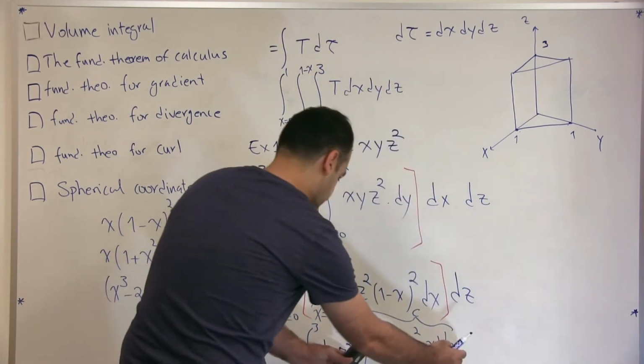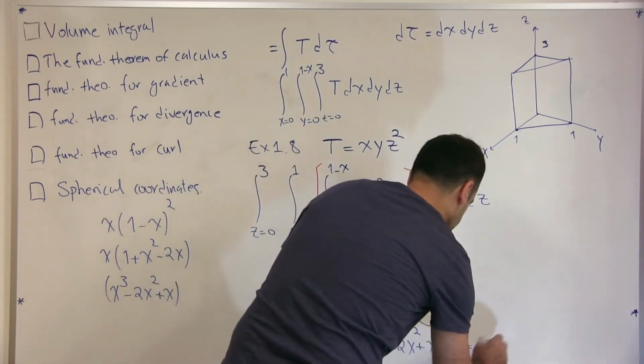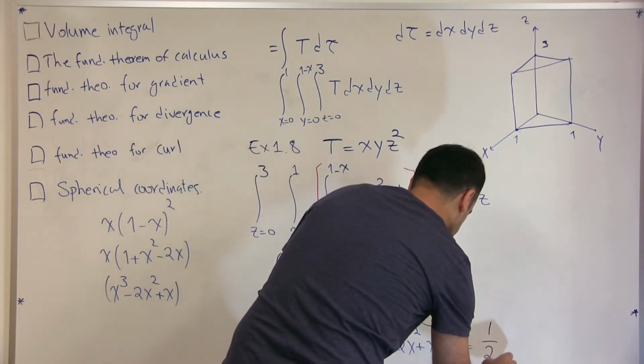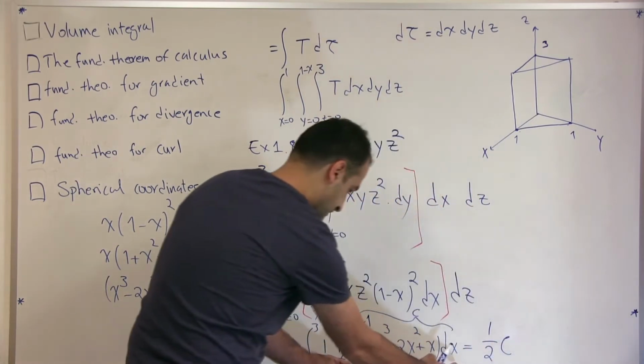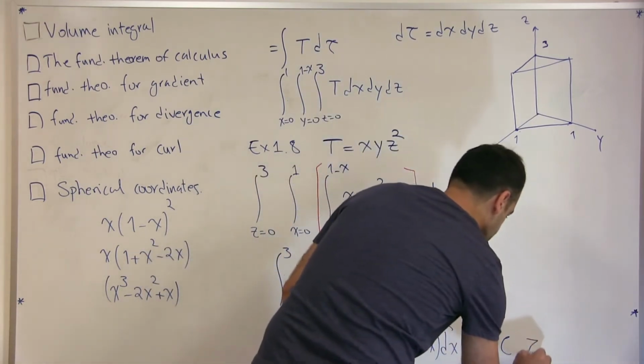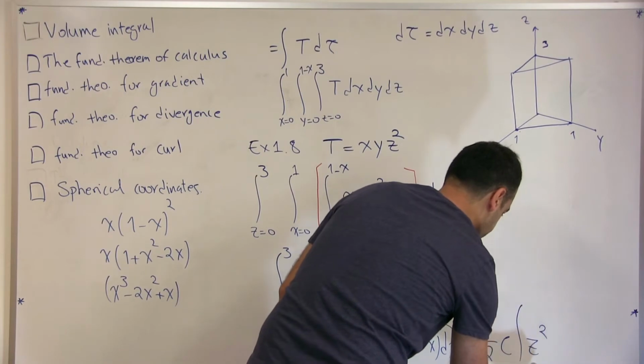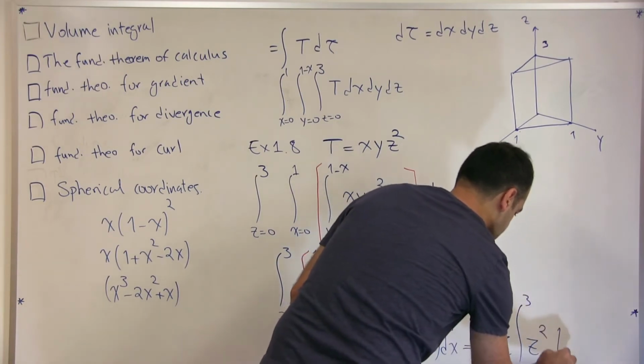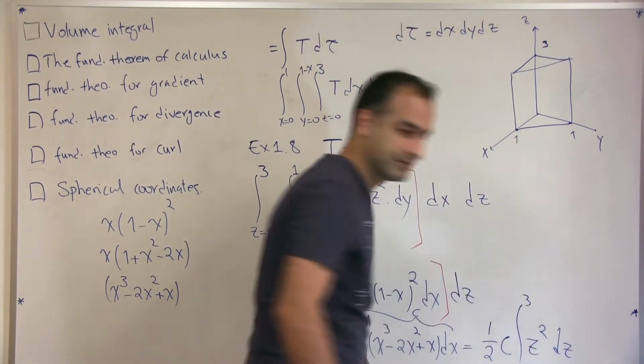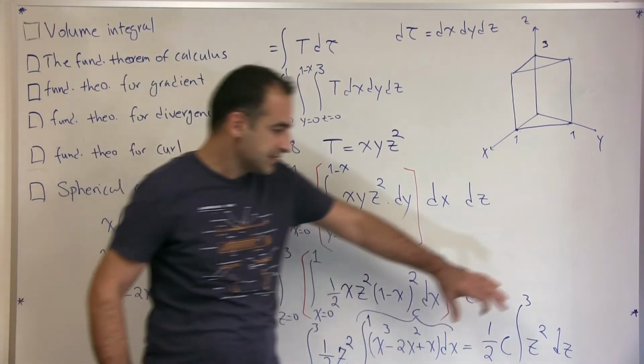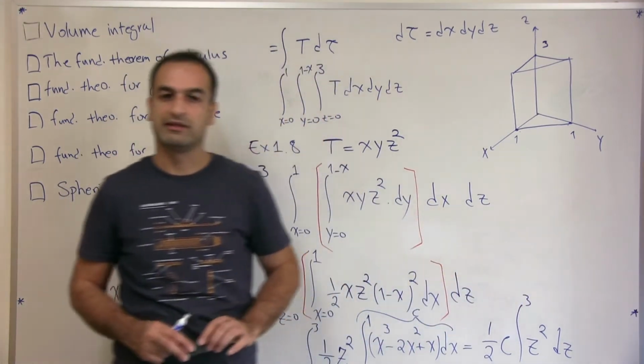And if this is a constant, at the end we are integrating 1/2 times c, which is this integral, times z squared from the limit 0 to 3 dz. Okay. And again, this is a simple one-dimensional integral.